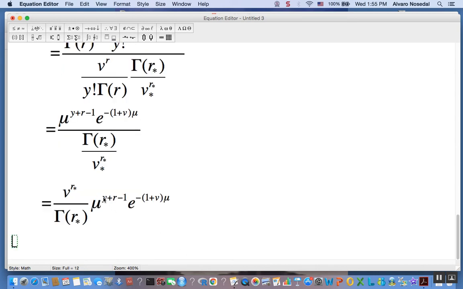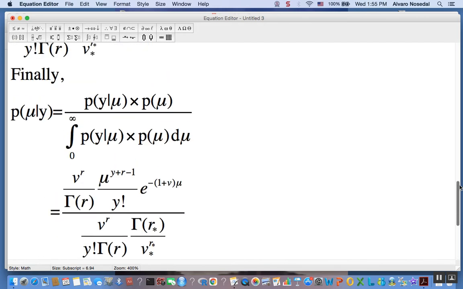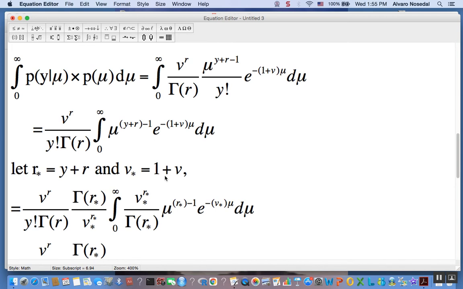Now, remember that v star is 1 plus v, and r star is y plus r.